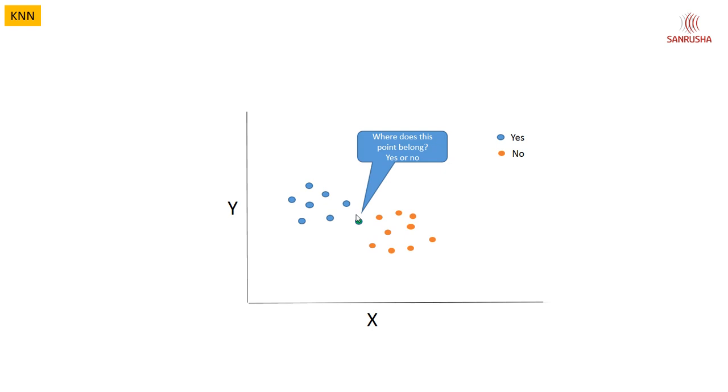The way KNN algorithm works, it decides the class of this point based on its neighbors. But the question is, how many neighbors you want to consider? And that is the K value. For example, if I say I want to consider 3 neighbors around it. So let's say these are 3 neighbors.